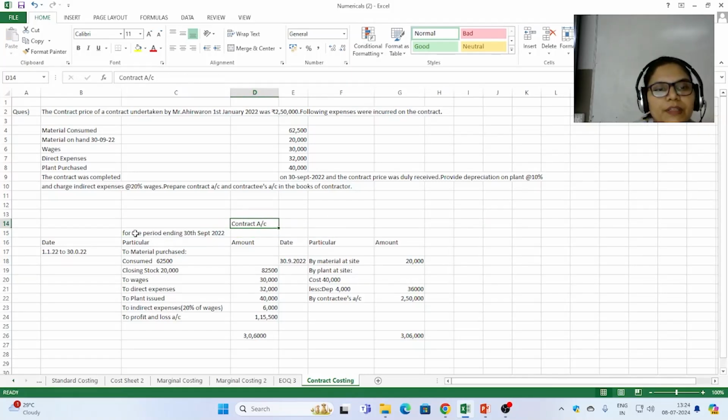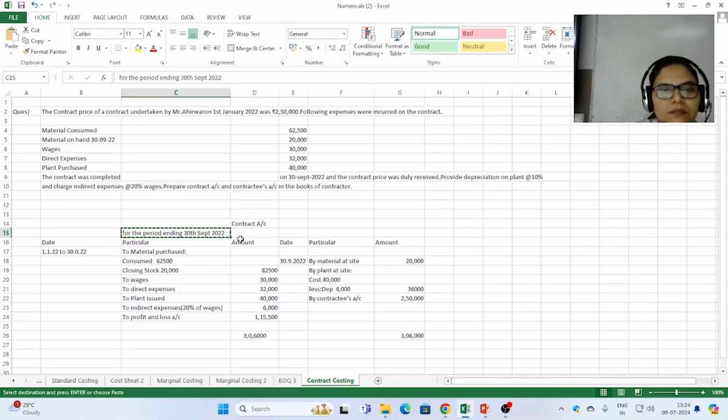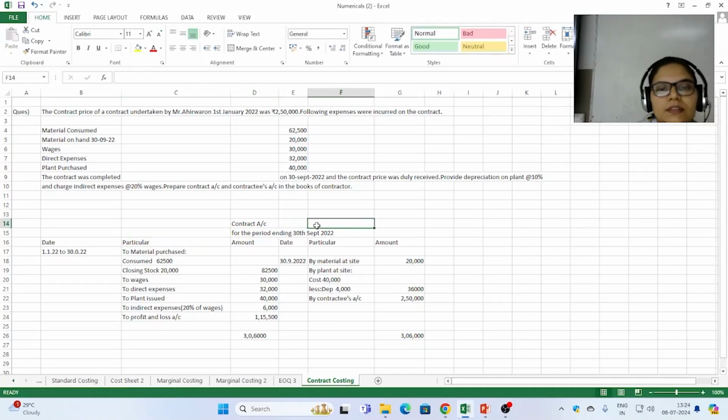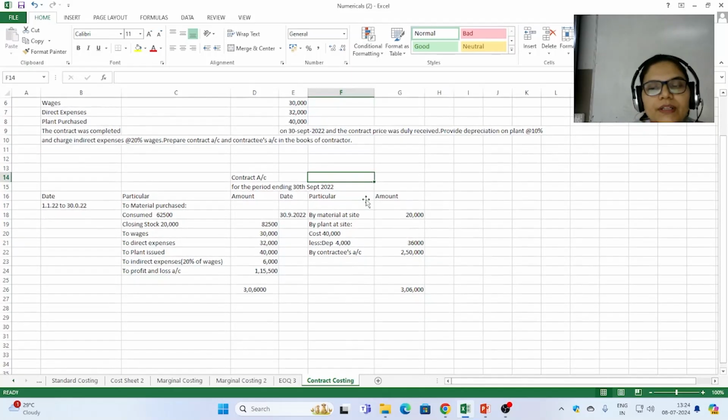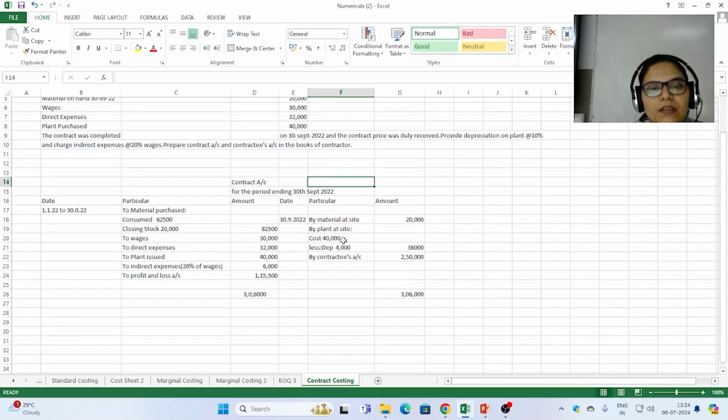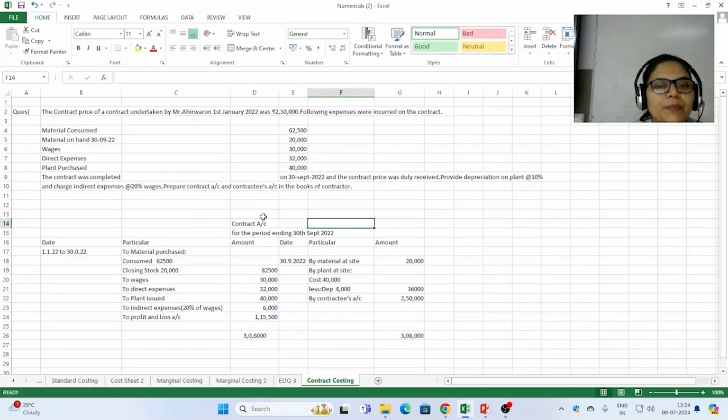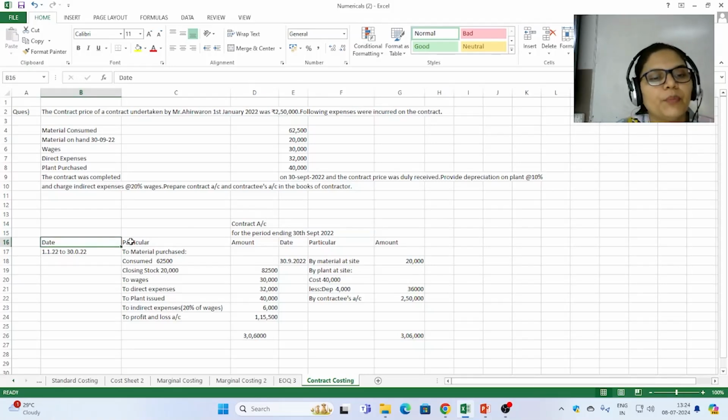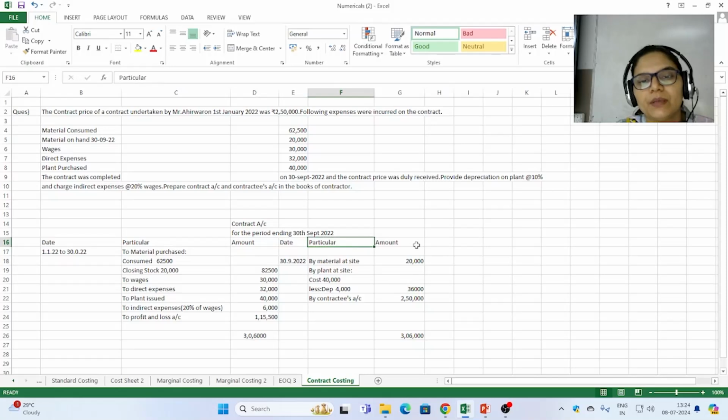Contract account for the period ending 30th September 2022. Now, in order to understand it more clearly, we have to prepare contract account on the basis of expenses given. On the basis of expenses given, we will prepare the format: date, particulars, amount. This is a debit side, this is a credit side.